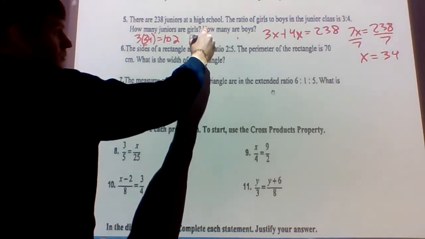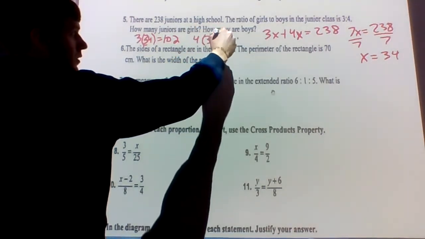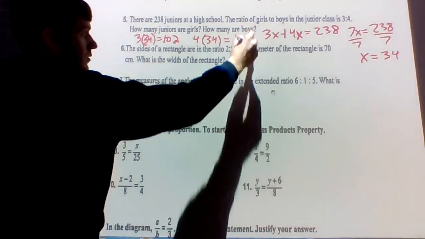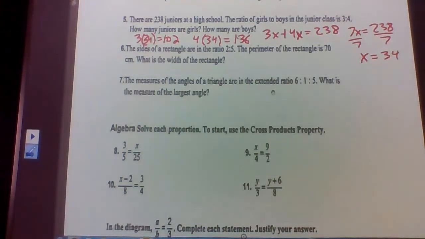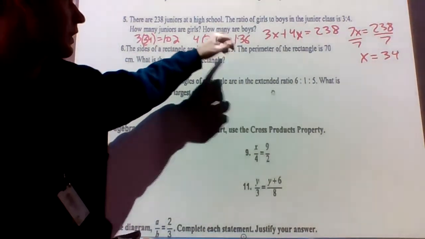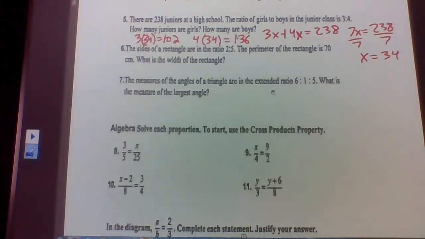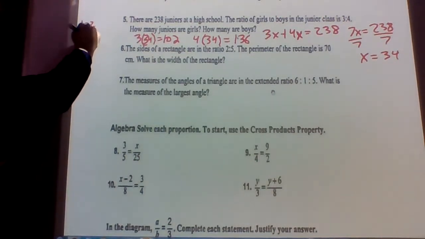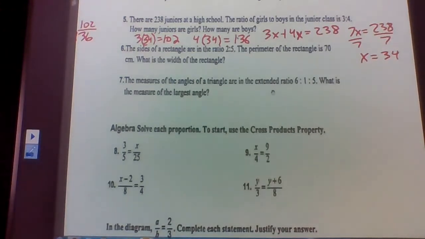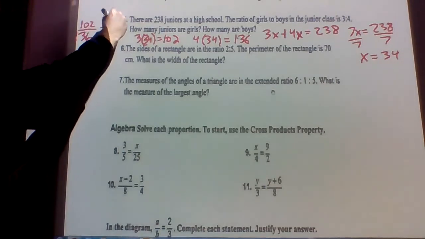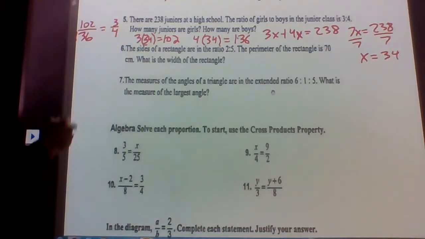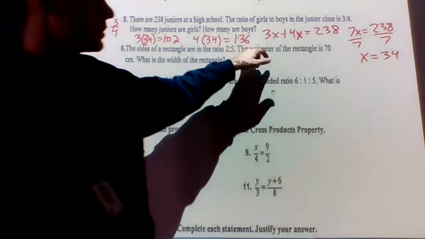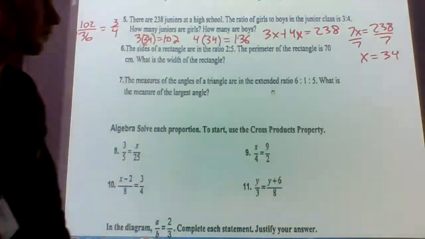And for boys, it's 4 times 34, which is 136. There are two ways to check our answer. We need to add these together and make sure they add up to 238. We also need to do 102 divided by 136, and that in fact equals 3/4. So 102 to 136 is a ratio of 3 to 4.